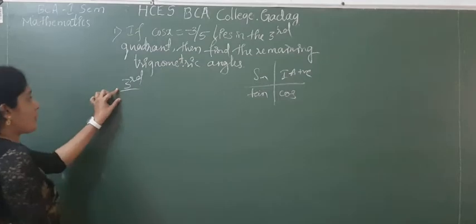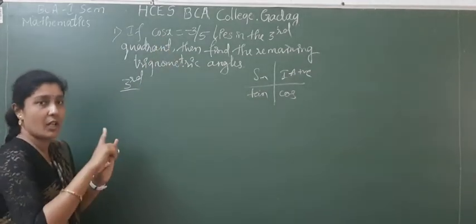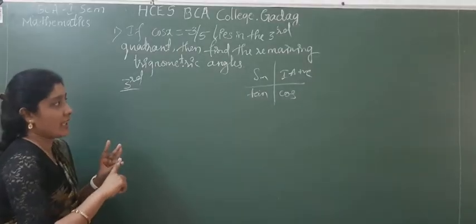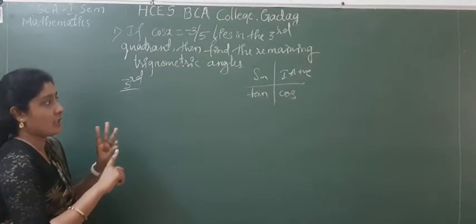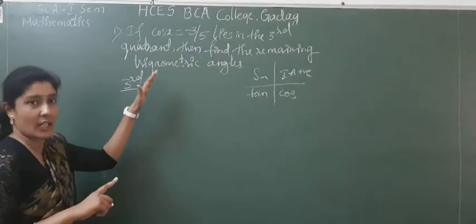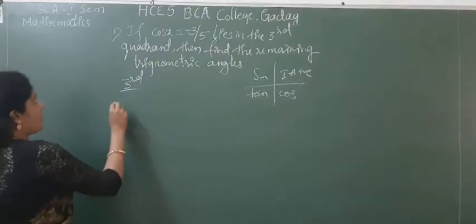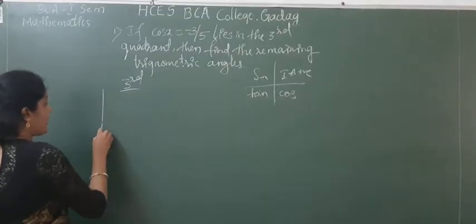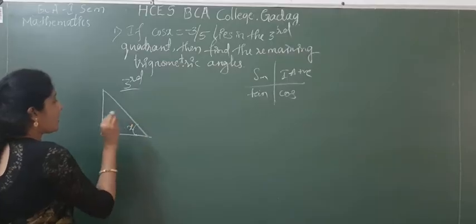So, sin has to be negative, cosec, sec, these four ratios have to be negative except tan and cot. So now let us draw the right angle triangle and take this as x.